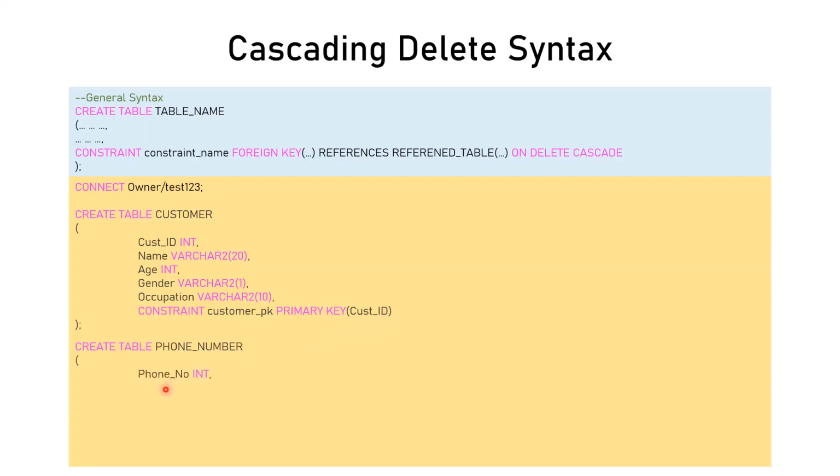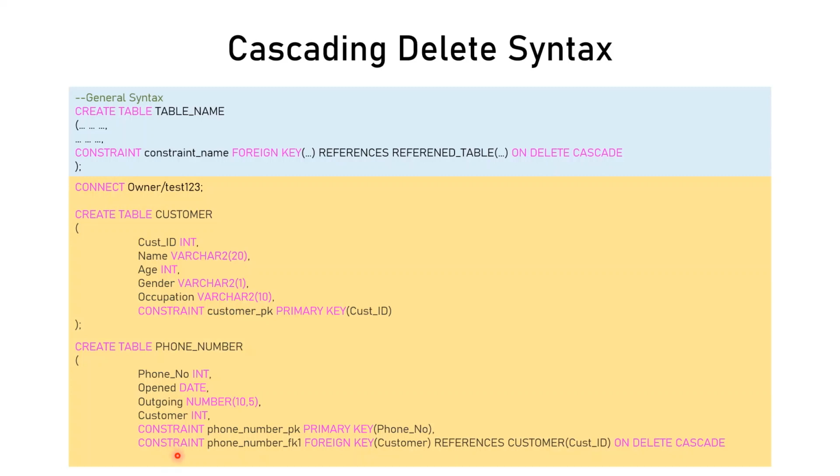In this table, we have the following attributes, where phone number is the primary key. And next, we have another constraint declaration, which declares customer, that is this attribute, as a foreign key that is referencing customer ID of the customer table. And here as well, we have used the onDelete cascade clause, as we have shown in the general syntax.